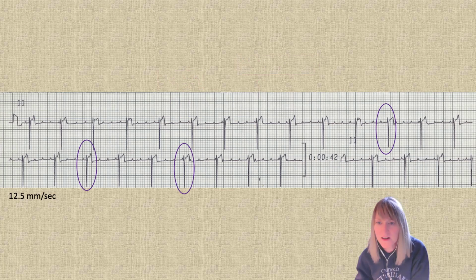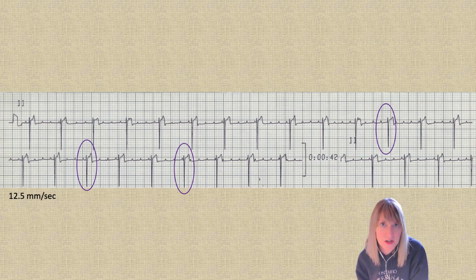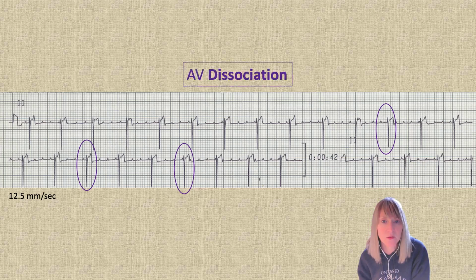And then right above my head here on the first line, yet again, I have another oval around the QRS complex. And in this situation, the P wave is way out in front. And so what I'm demonstrating here is that the P to R relationship is changing quite a bit throughout this rhythm.